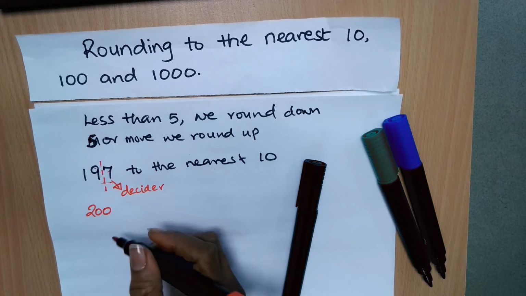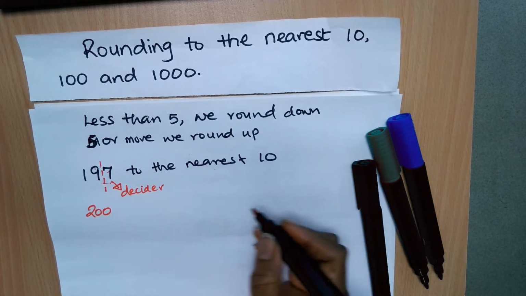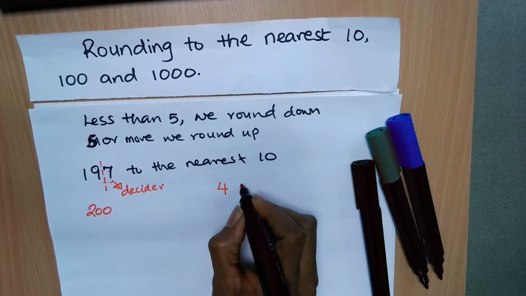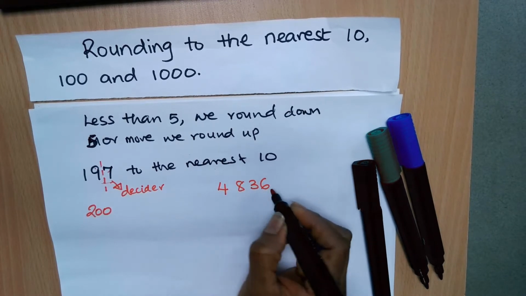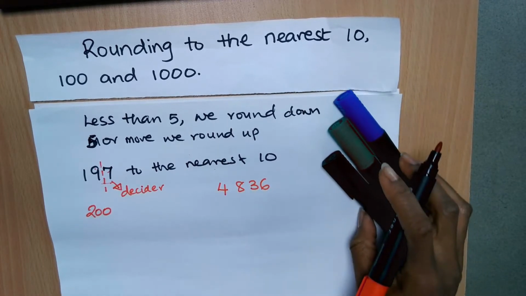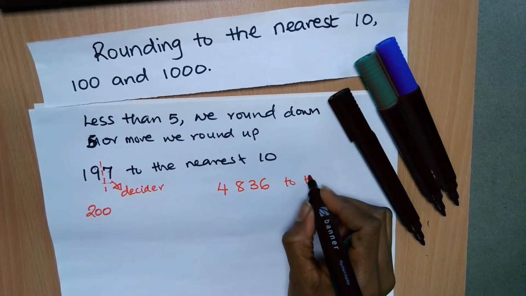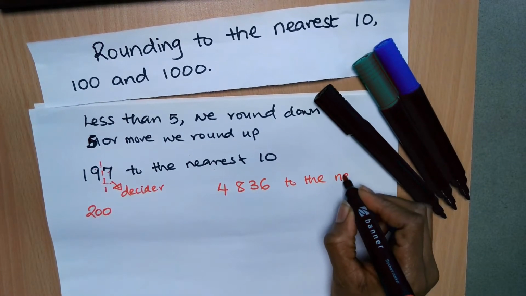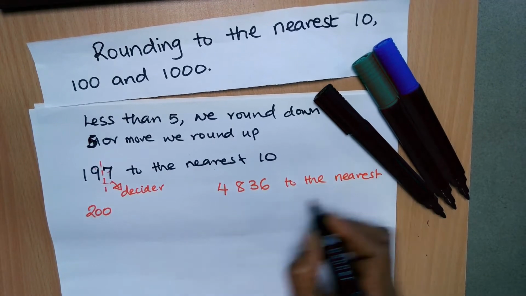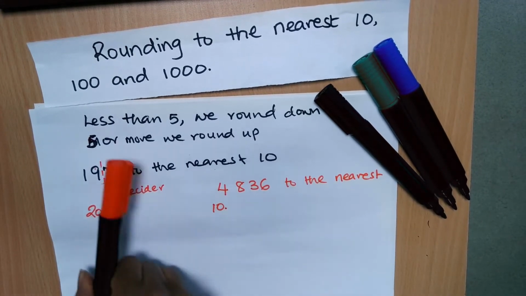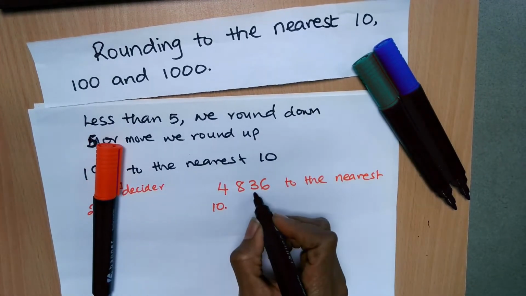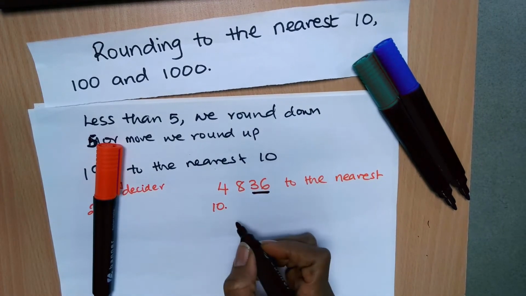Now let's take another example. We've got 4836 to the nearest 10. To the nearest 10, we're looking at these two numbers.